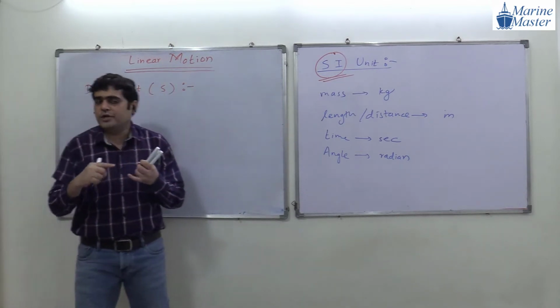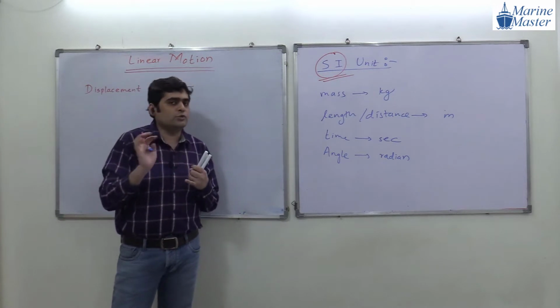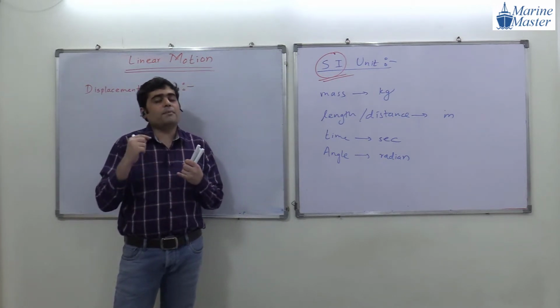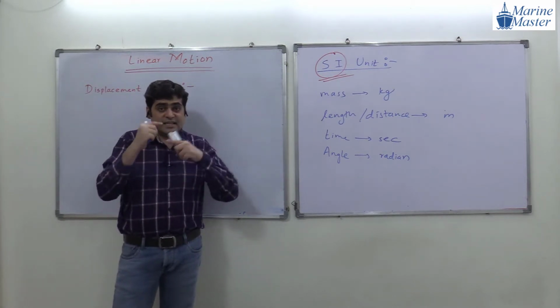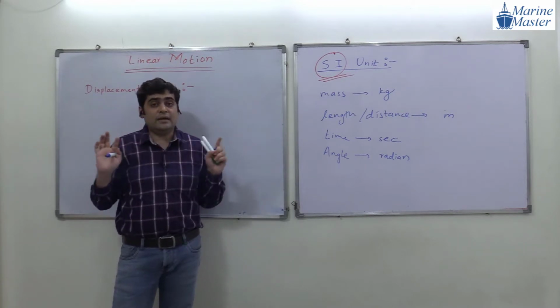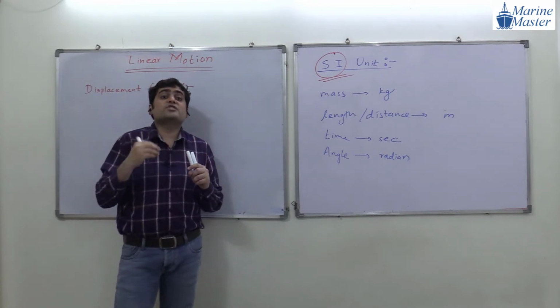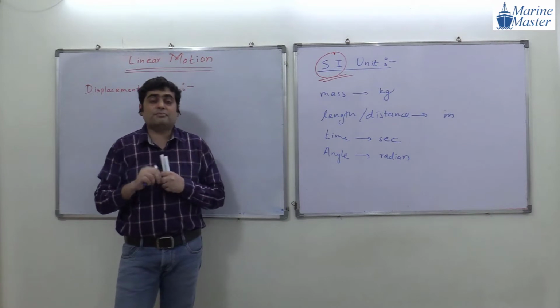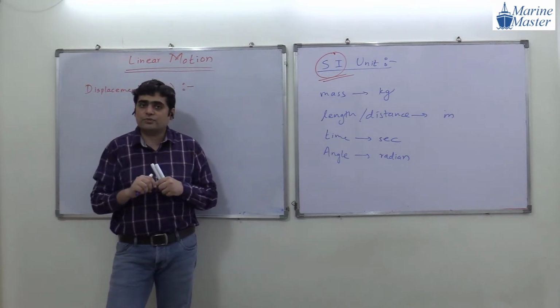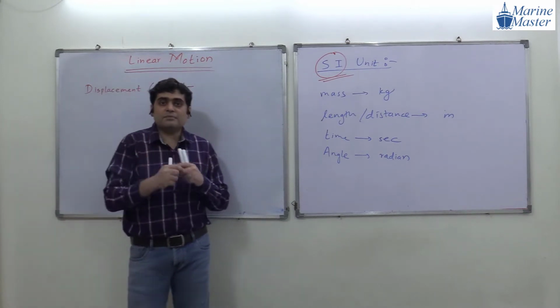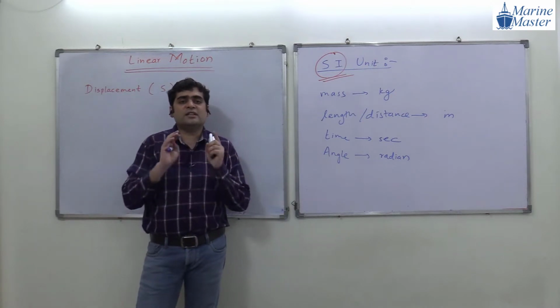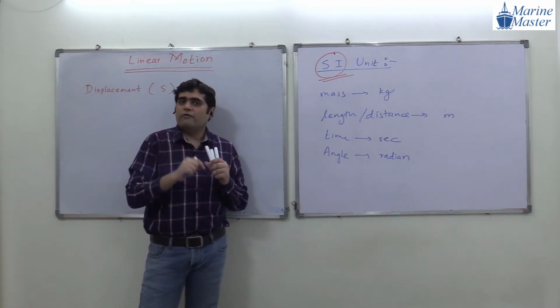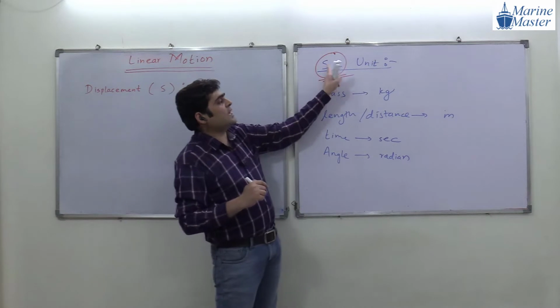For energy the SI unit is joule. For force the SI unit is Newton. For power the SI unit is watt. For stress the SI unit is Newton per meter square, and for pressure it is also Newton per meter square. So throughout mechanics, we are going to use SI units by default, everyone.